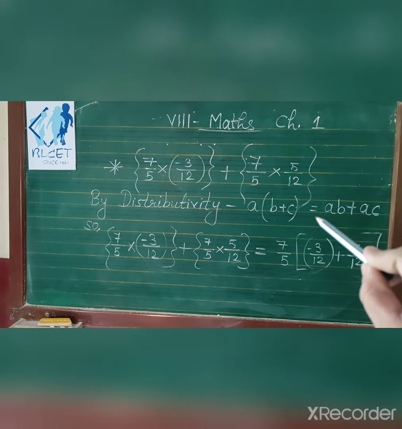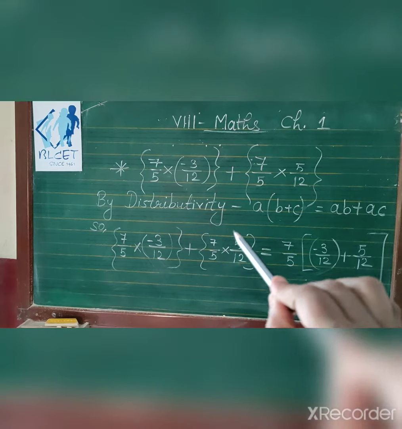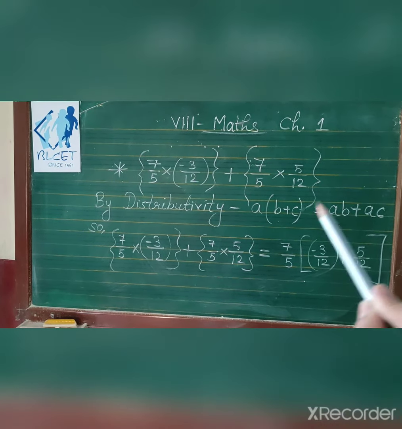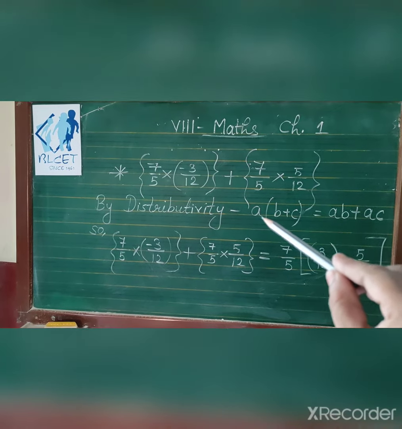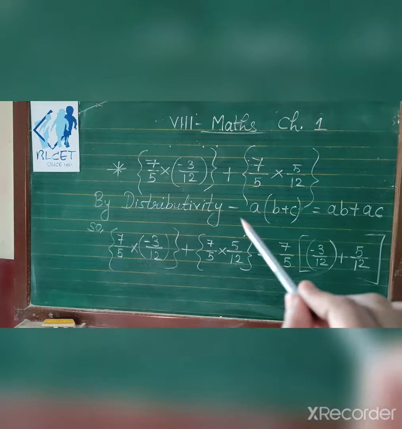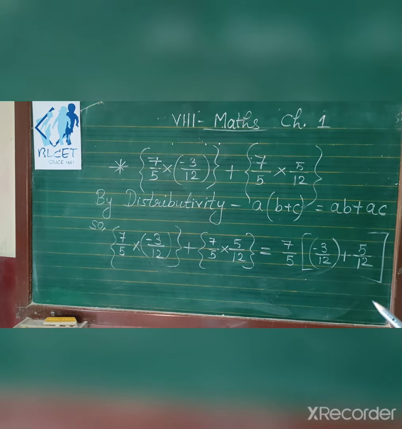Now this time this RHS side is given. You can see a, first rational number, is repeating 2 times. So ab plus ac, we can write a in the bracket b plus c. So a is 7 upon 5, b is minus 3 upon 12, c is 5 upon 12.